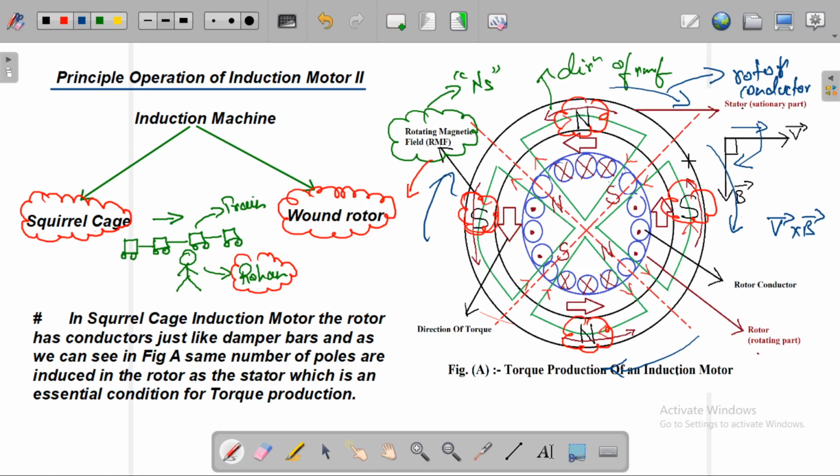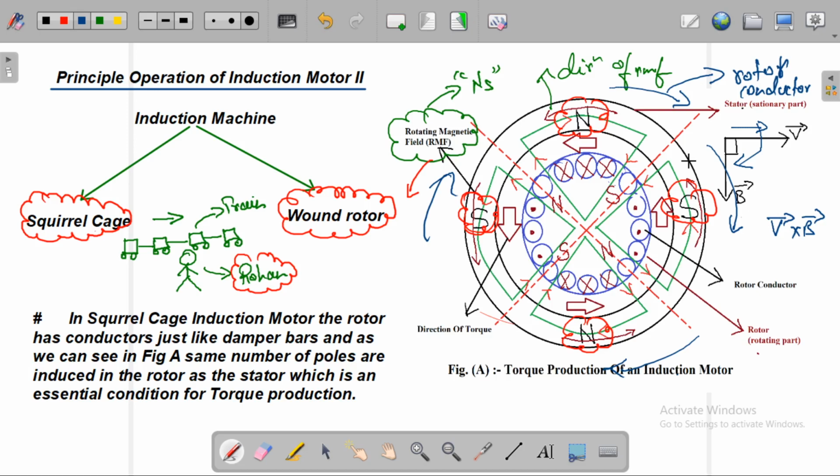See, in this rotor conductor under the north pole, when we are moving our four fingers towards the magnetic field, our thumb indicates into the screen or into the paper.